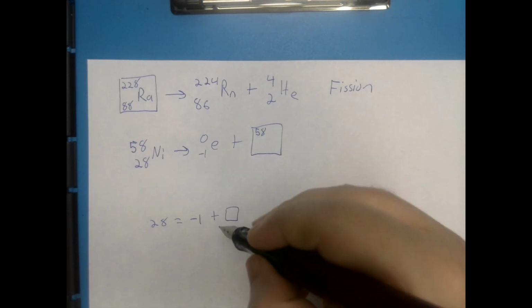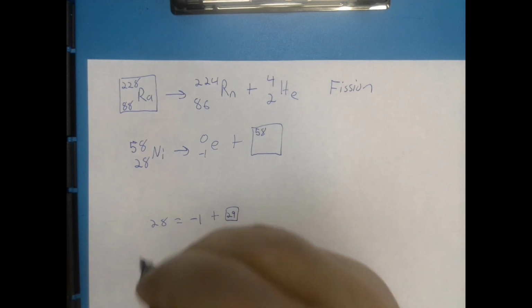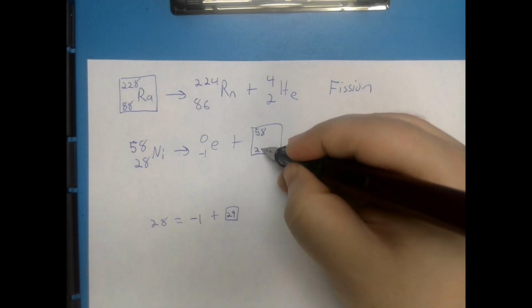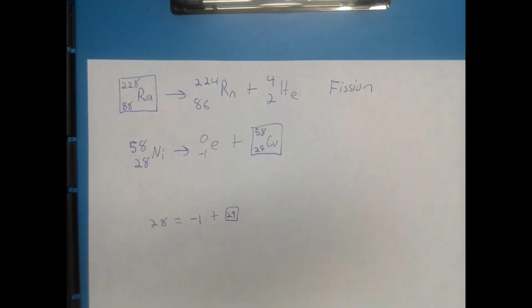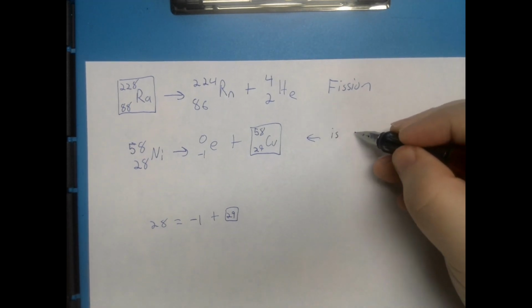Copper. 29 plus negative 1 gives you 28. So what happens in this reaction is this is a neutron decay.